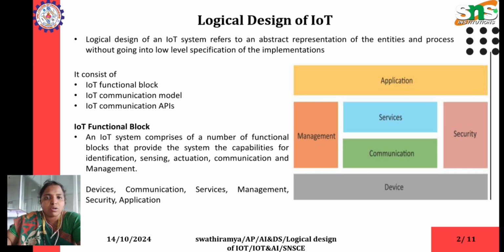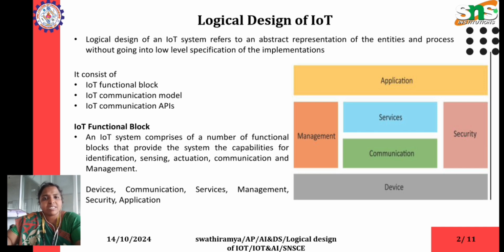As I told you before, it consists of three blocks: IoT functional block, IoT communication model, IoT communication API. The functional block is related to the device and other things. The communication model will have things like management, service, communication, security. And the application APIs will come under the application block.